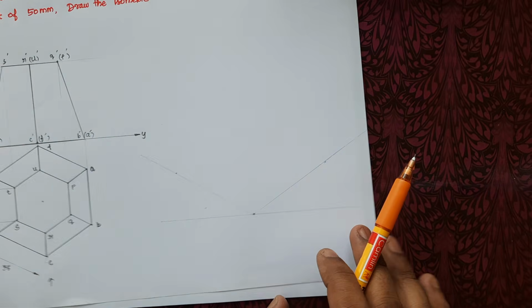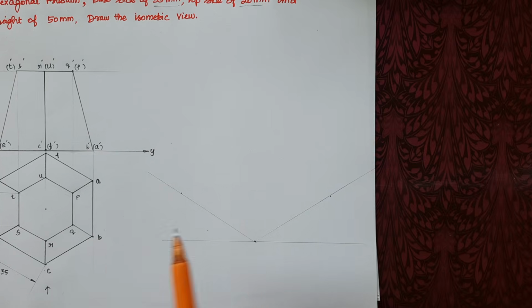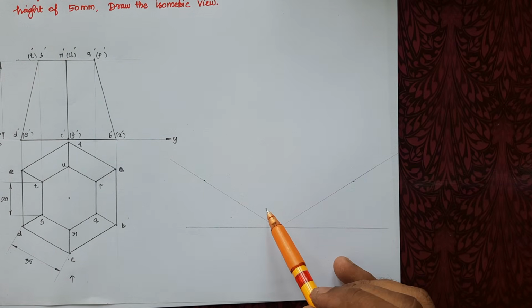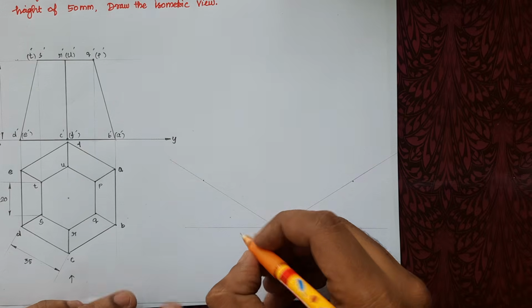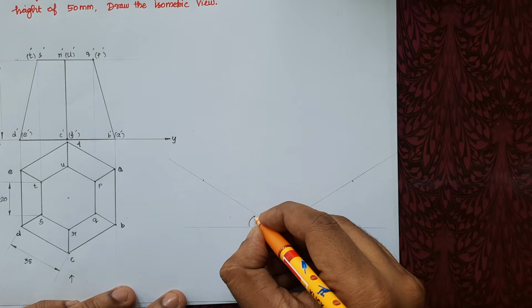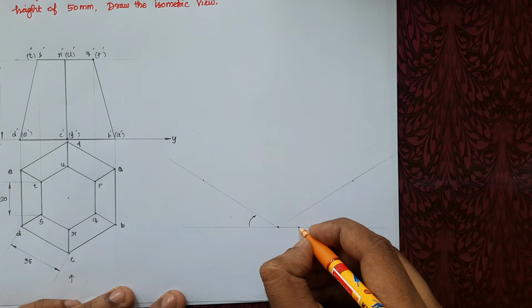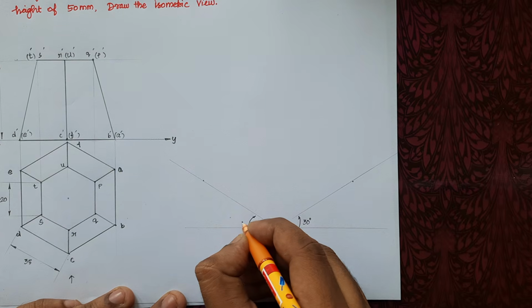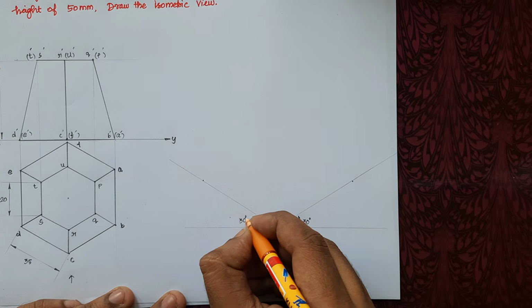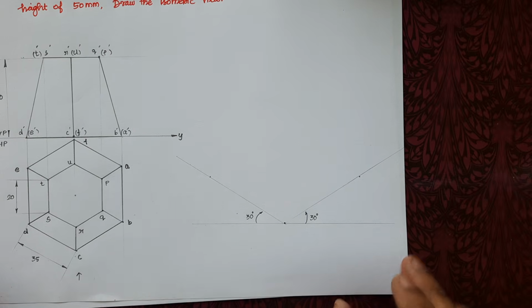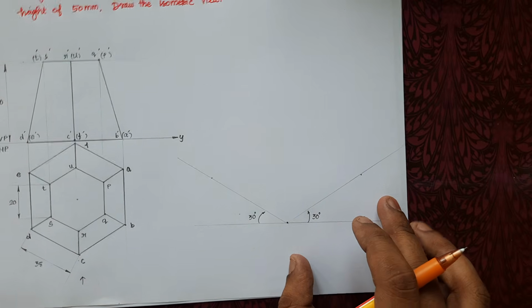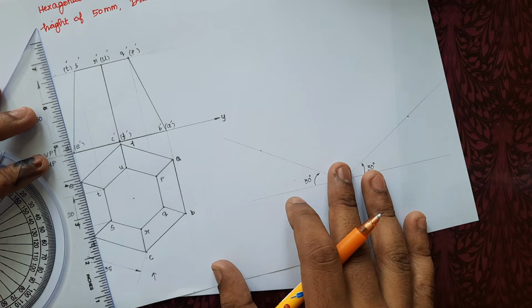Okay. And now what we are doing is, we have to draw the base hexagon on the particular 30-degree lines. This one is 30 degrees from the left side, and this one is 30 degrees from the right side. Okay. How can we convert the hexagon onto those two lines? We need to cover the hexagon by using a rectangle.